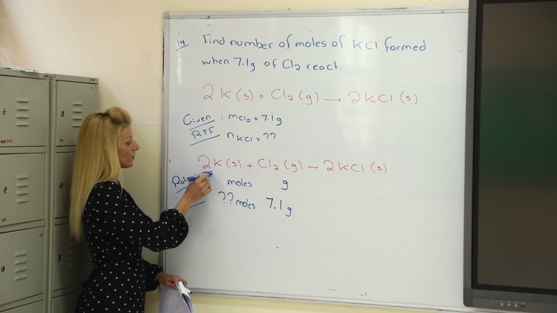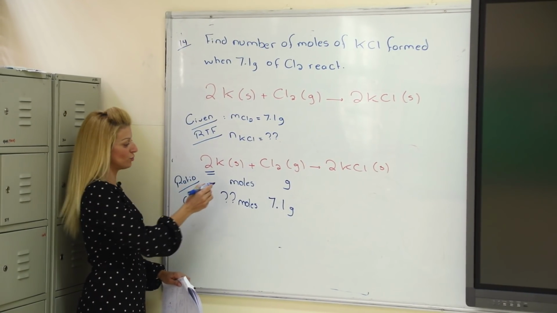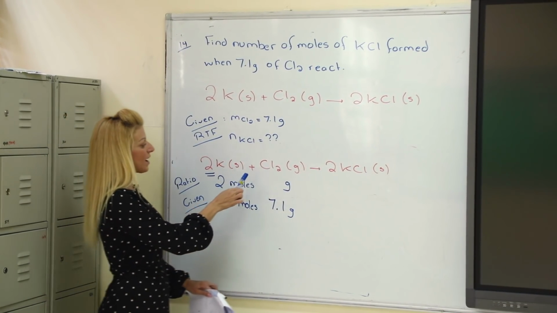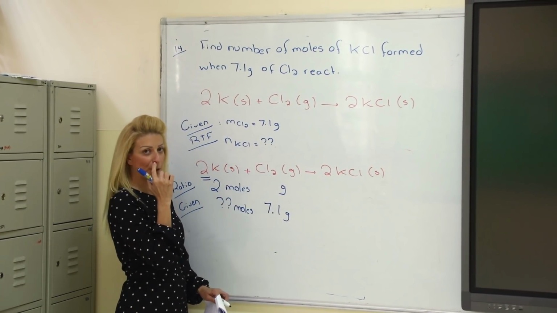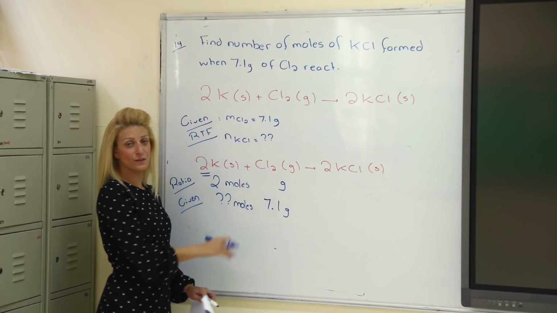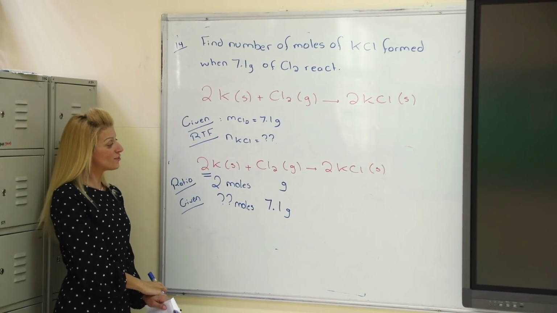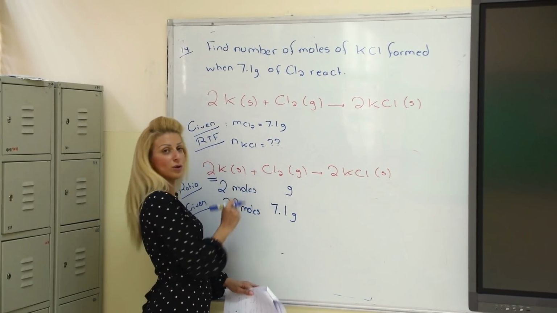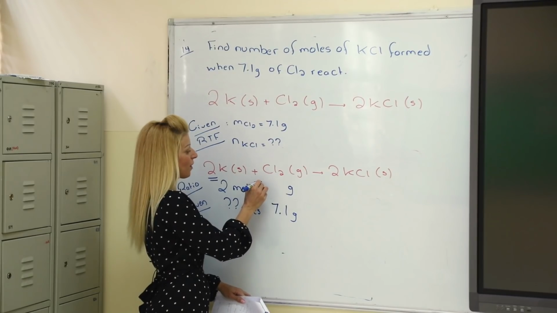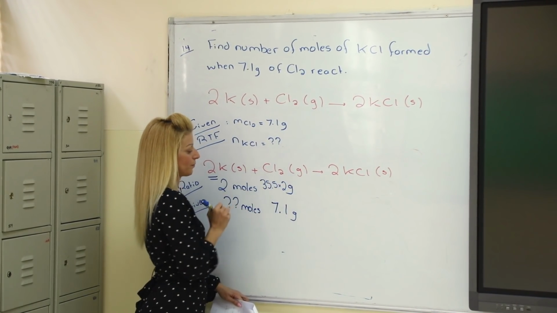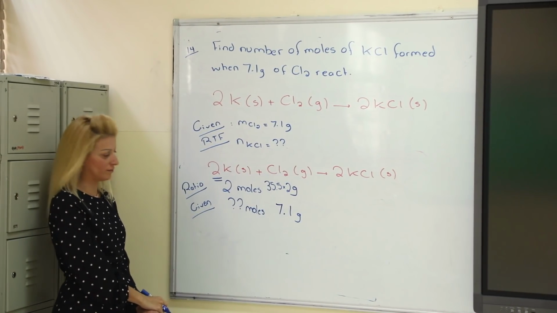According to our equation, the coefficient of K is 2, so this is 2 moles of potassium reacting with 1 mole of chlorine. The mass of one Cl2, according to the periodic table, each Cl is 35.5. So Cl2 will have a mass of 35.5 times 2, which is 71.